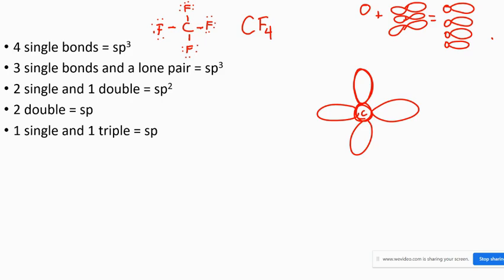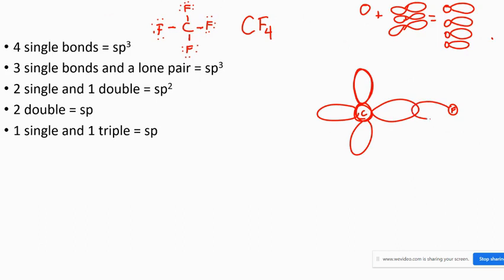So for carbon, this is all my carbons. I've just arranged them so they look like a nice pretty flower. Now I'm going to attach a fluorine to it right here. Okay, so here's my fluorine, one of them.